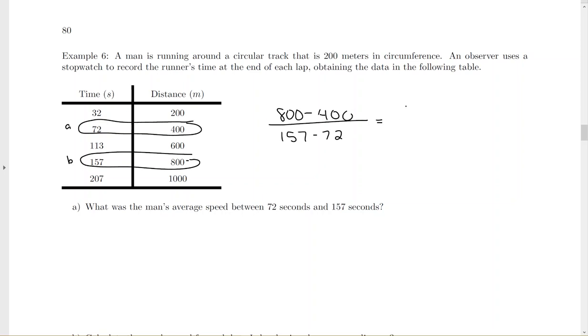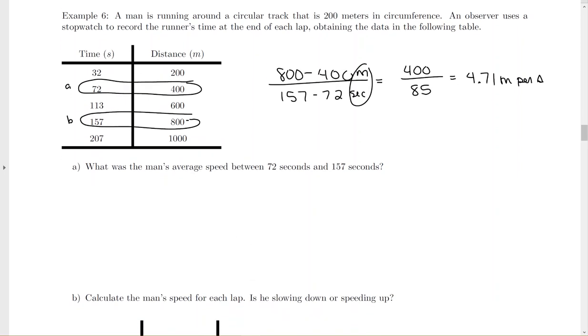Straight across, 400 divided by 85. And keep in mind what the units are on this. On top, the numerator was in meters, and the denominator was in seconds. So when I do this division, and if I take it to 2 places, 4.71, and I already know what the unit label is, meters per second. So that's my part A answer.